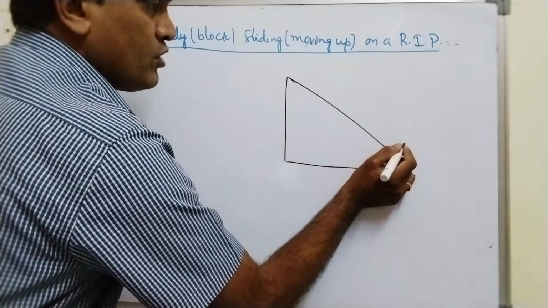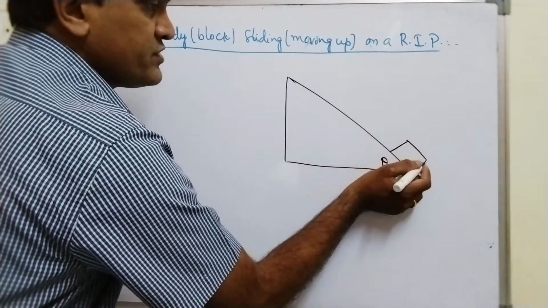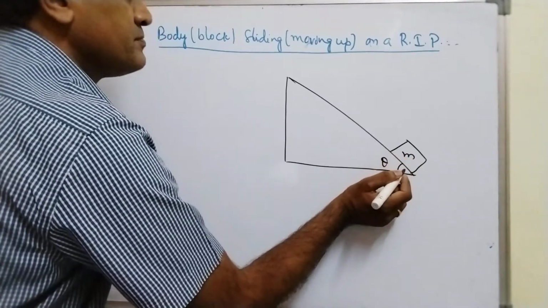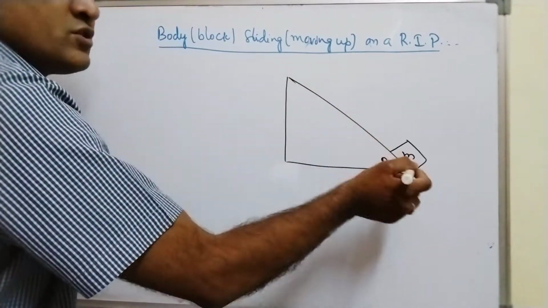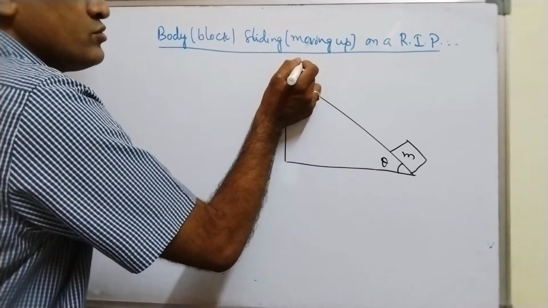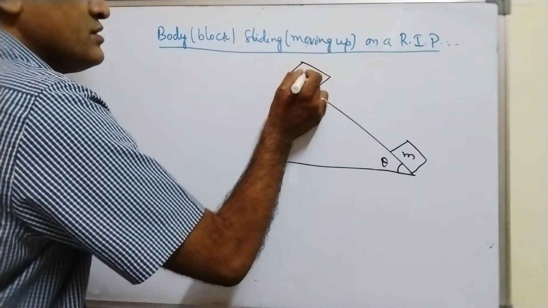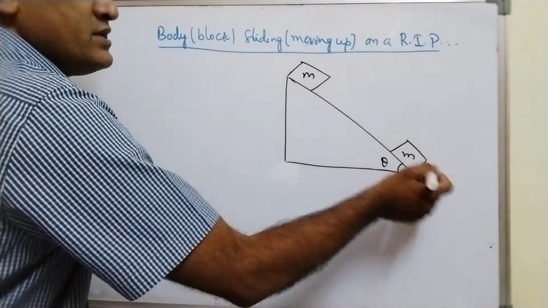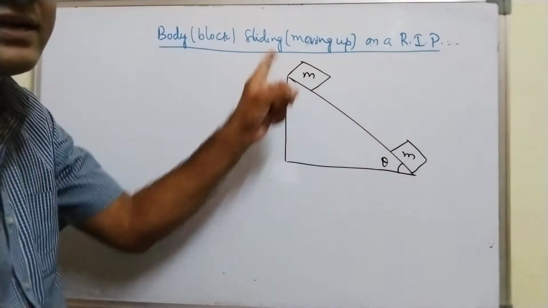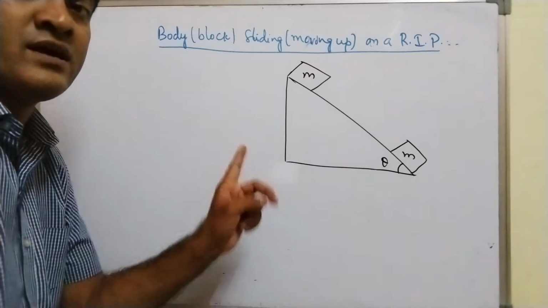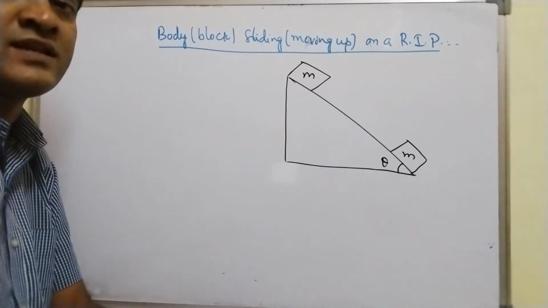Initially the body of mass m is at the bottom of the inclined plane and has to reach the top. This is the direction of travel. But when it is going upwards, it will be retarding, because its acceleration becomes negative.